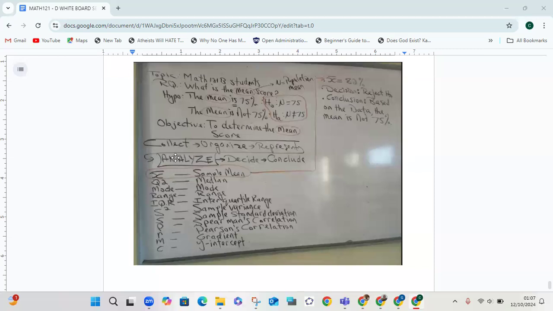So then you got to move further into the analysis, which is calculation of descriptive measures. Here is a list of the descriptive measures that we have calculated in this statistics course, Fundamentals of Statistics. The sample mean, the median, and as you can see, they are listed by the symbols and the words.